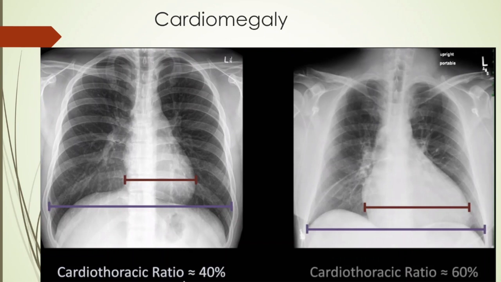And again here, the cardiac ratio, you can see the heart here is less than half the size of the chest here. So that would be an appropriate size, where on this one here, you see this is a huge heart, and it's way over the ratio of 50%. So that would be considered a cardiomegaly there.